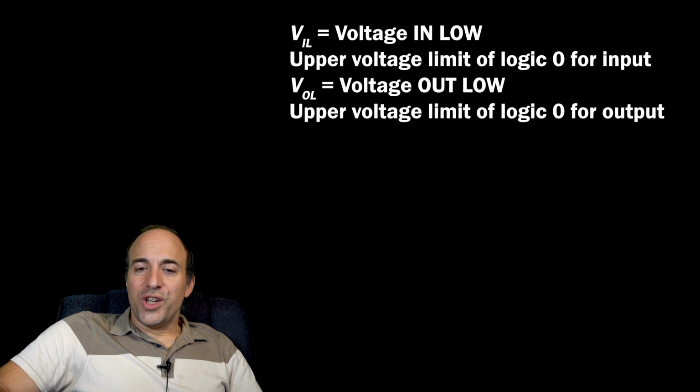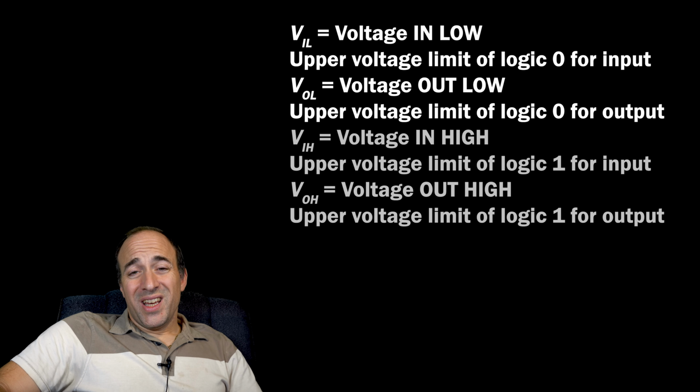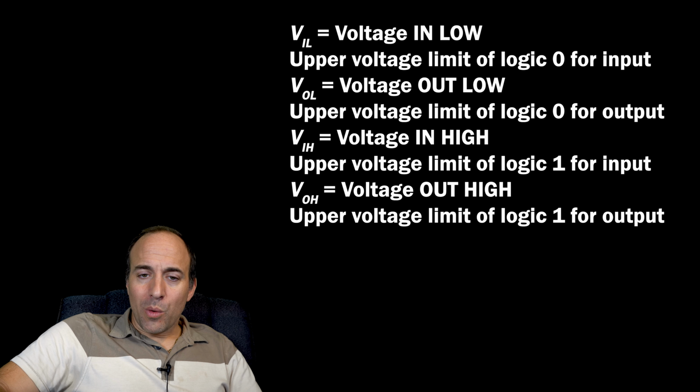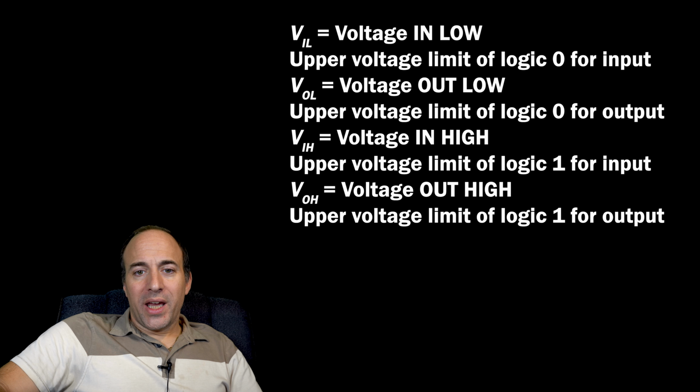VOL, or voltage out low, defines the maximum output voltage permitted for a 0 output value. This way, any output voltage from 0 to VOL is considered a logic 0 output. Similarly, VIH and VOH, which stand for voltage in high and voltage out high, define the minimum voltage allowed for a 1 input and 1 output value.